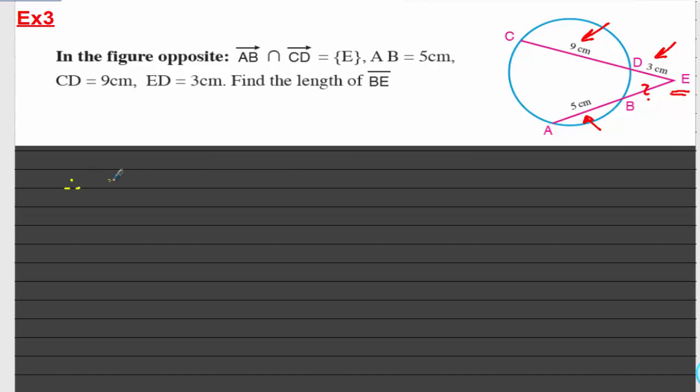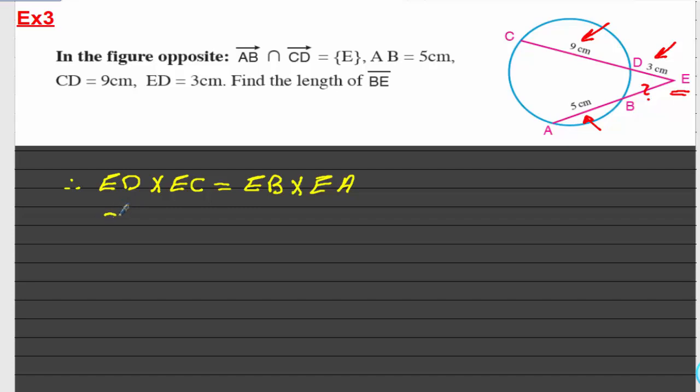So here we have ED multiply EC equals EB multiply EA. And now we substitute. What is the length of ED?